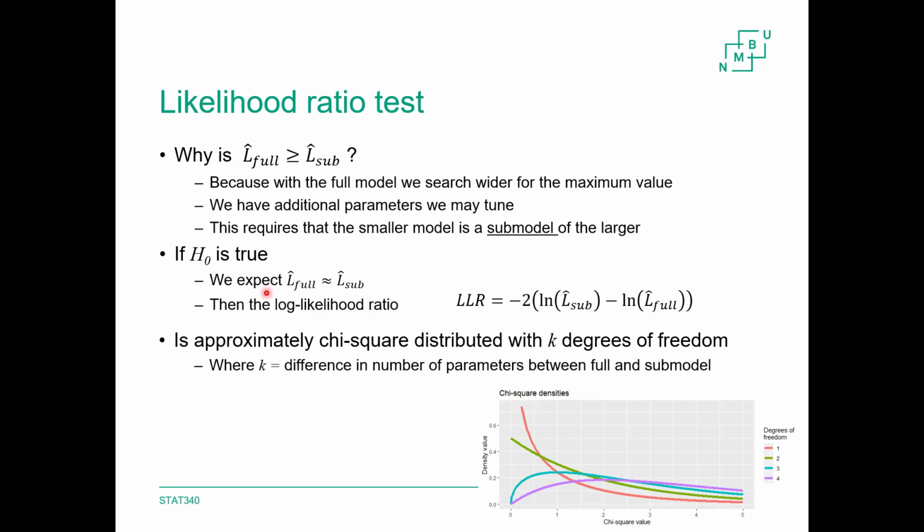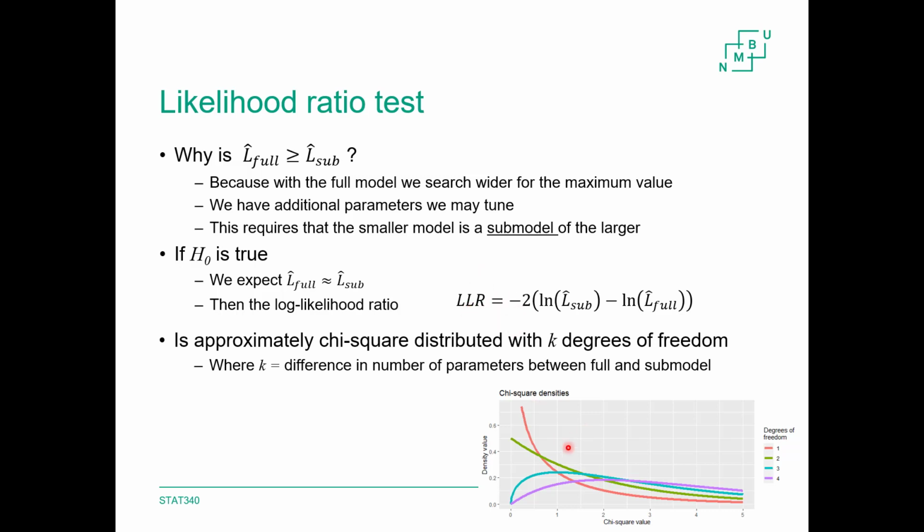This cannot be, because this holds only when the null hypothesis is true, right? So this log likelihood ratio should be around here somewhere, if it's 1 degree of freedom. If it's 2 degrees of freedom, the green one here, then the expected value is here at 2 instead.